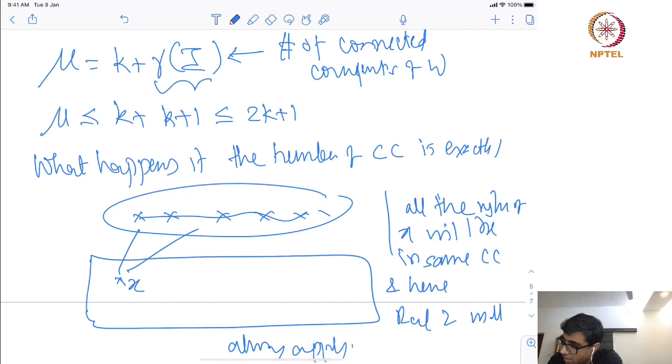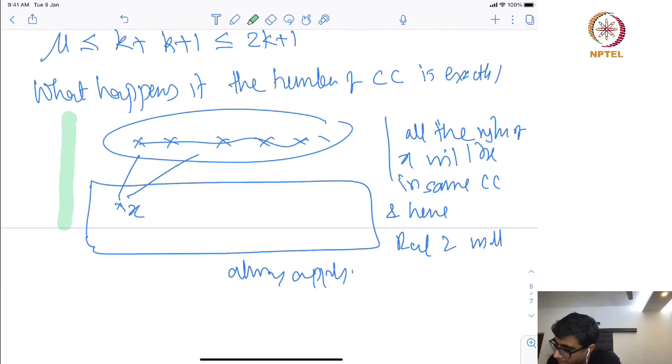This is not required for the proof, but this is just for your sanity check.